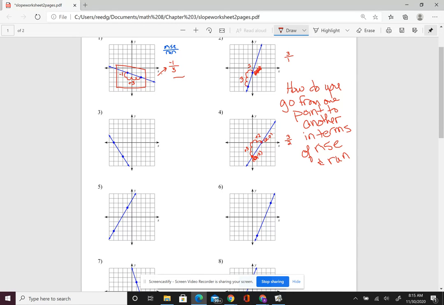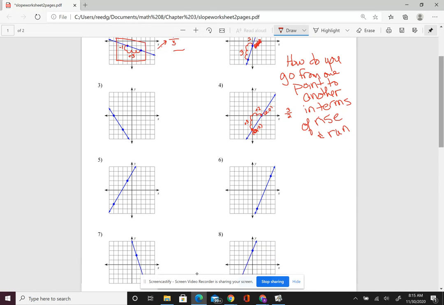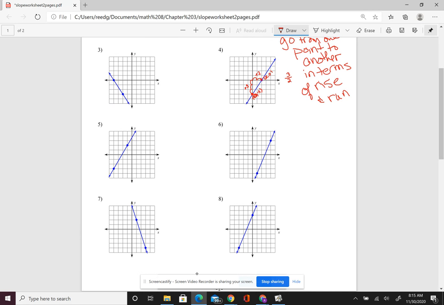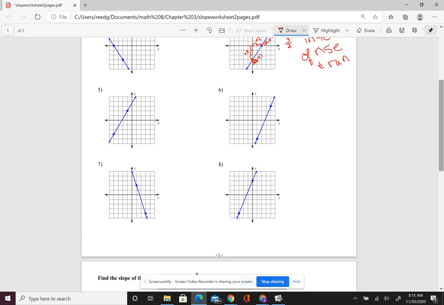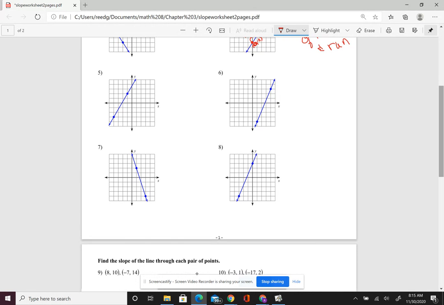Okay, so this is actually going to be your worksheet that you're going to be working on today. So we did problems 1, 2, and 4. So 1 through 8 are all graphs like that. I want to see the little marks counting up and the little marks counting over to look at rise and run.